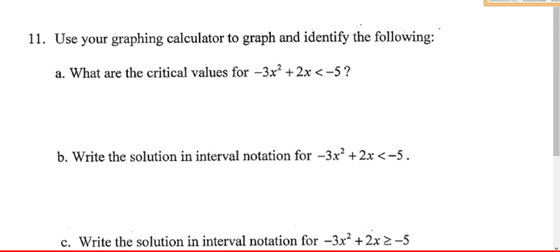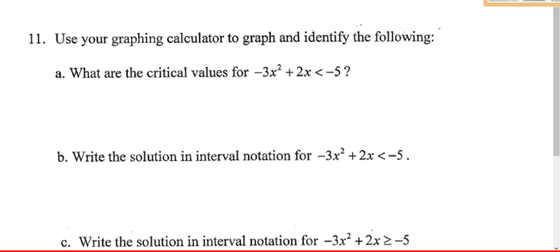So this is similar to the one we did earlier. Critical values means get the solutions, get the x equals. And it does say use your graphing calculator. So you can just type this into your graphing calculator, graph it, and then get the x-intercepts.